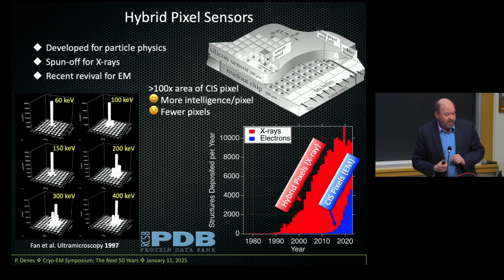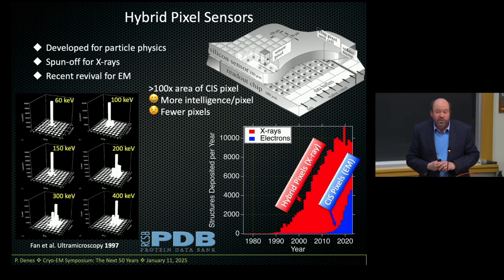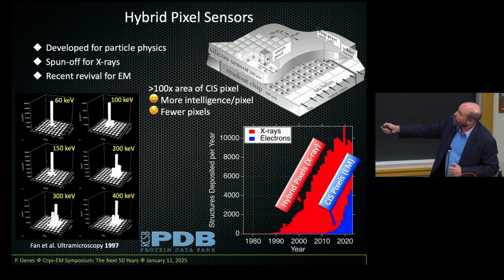Now I should mention, in addition, hybrid pixel sensors. Hybrid pixel sensors were developed for particle physics starting kind of very late 80s, early 90s. They were spun off quite successfully for X-rays. Before people tried CMOS image sensors, they tried, very close to here, hybrid pixel sensors.